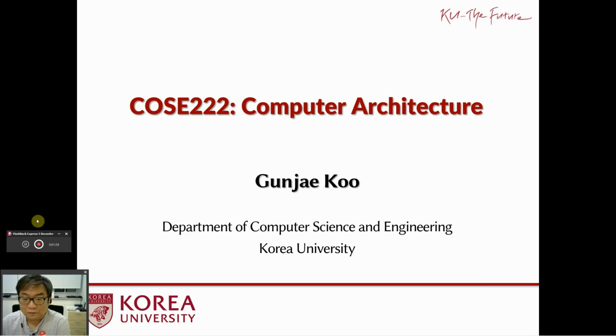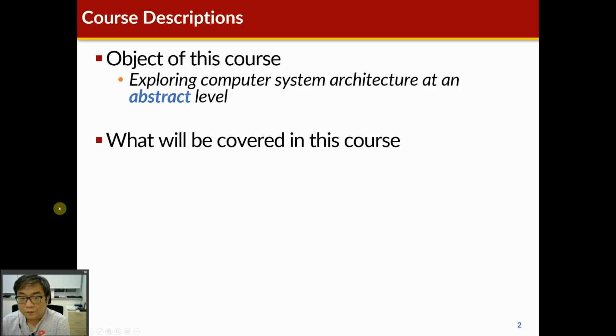Let's go on. Okay, so this is the first class of this course. I will briefly introduce this computer architecture course. Let's talk about the objective of this course. The objective of this course is exploring computer system architecture at an abstract level.